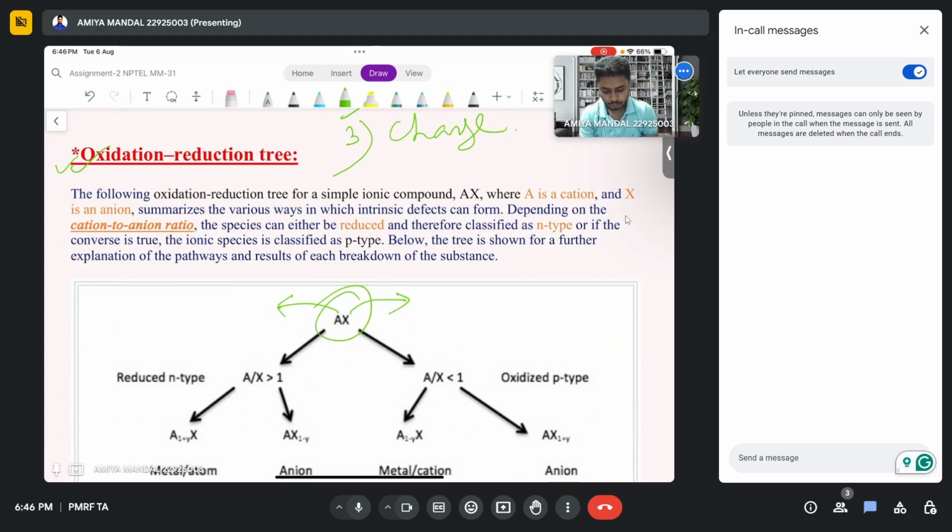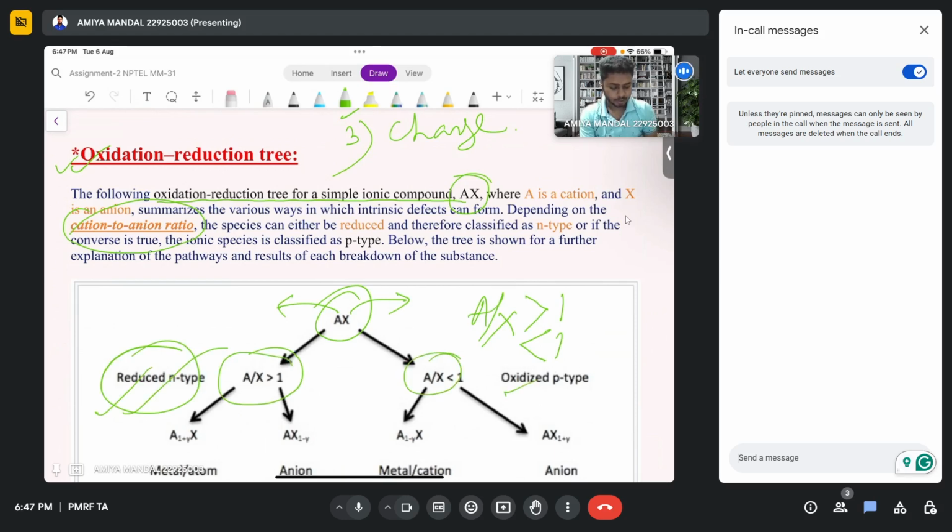So for a simple ionic compound, what will be the oxygen redox effect? It depends on the cation to anion ratio. What will happen if greater than 1 and what will happen if less than 1? Greater than 1 signifies reduced and less than 1 signifies oxidized.